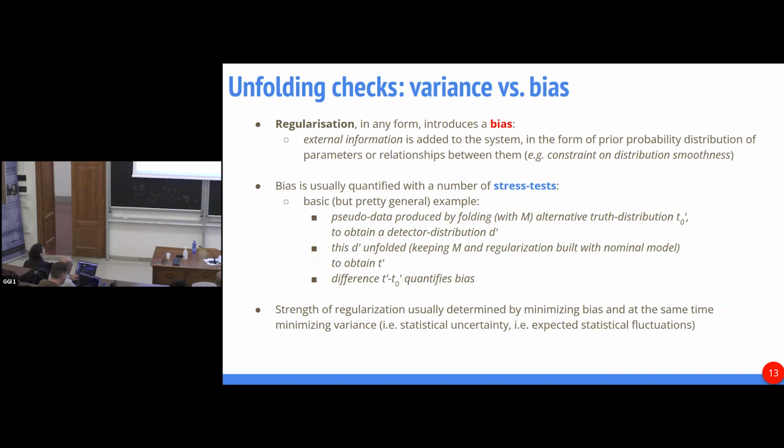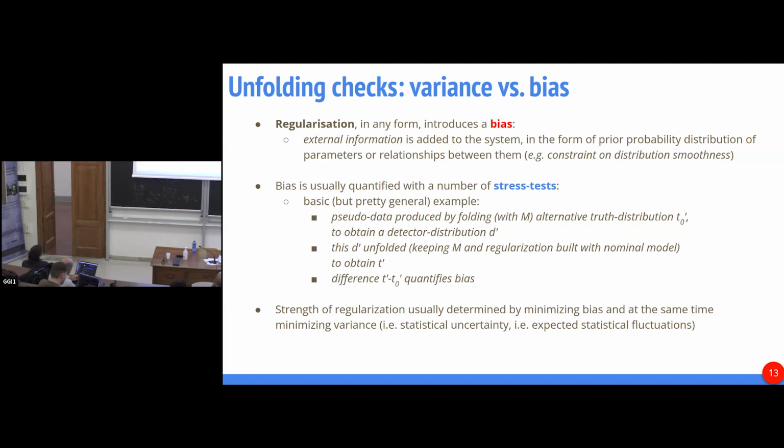In general, to do this stress test, we basically produce some pseudo data, for instance, with some alternative truth distributions. We fold them, so we create some pseudo detector level data. Then we unfold this data by using the same regularization, which is based on our nominal model. So we don't change the migration matrix or the response matrix.